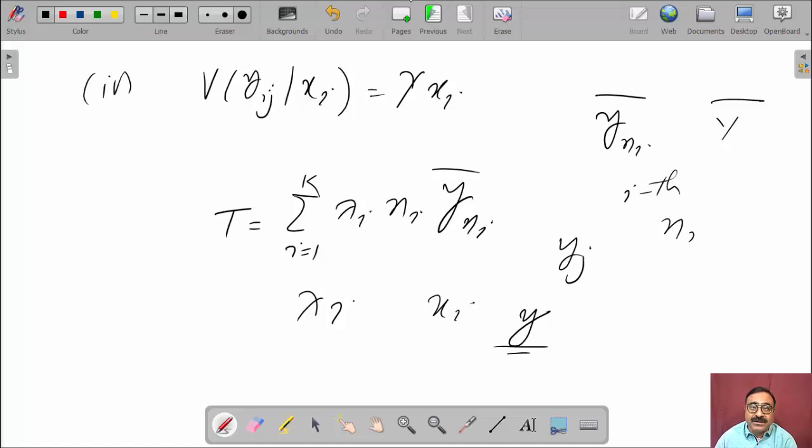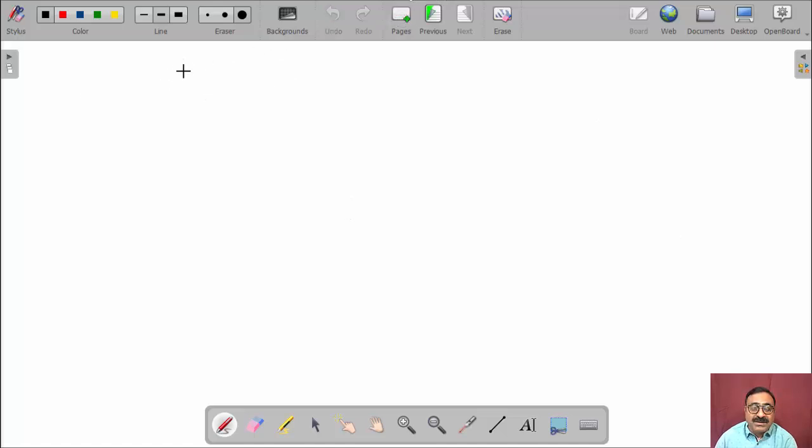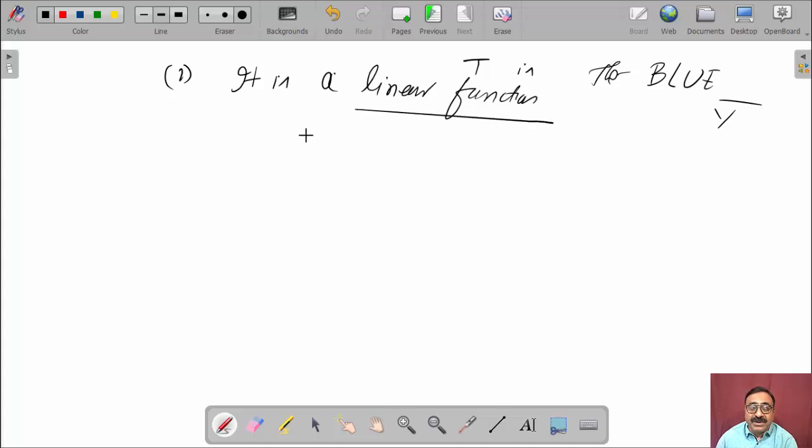So for this we have to show that t is the BLUE, best linear unbiased estimator of y bar. First, we have to show that it is a linear function of observations. So this is the linearity.